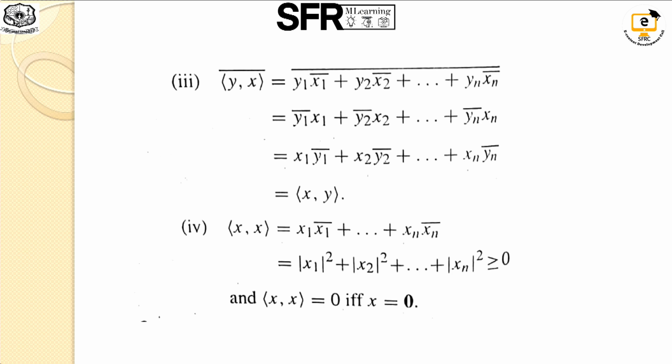That's why inner product of x comma x is greater than or equal to 0. And if the inner product of a vector with itself is 0, then each element must be 0, because when adding positive numbers the result is 0 only if each is 0. So by verifying the four axioms, finally we have proved Vn of C is an inner product space.